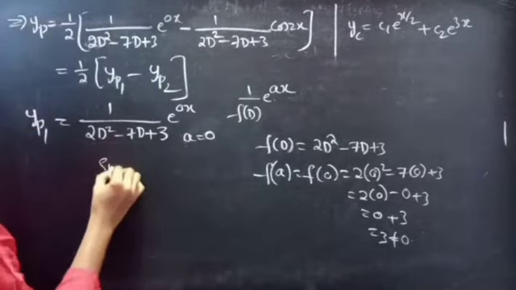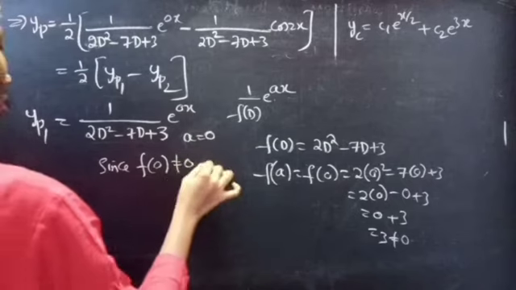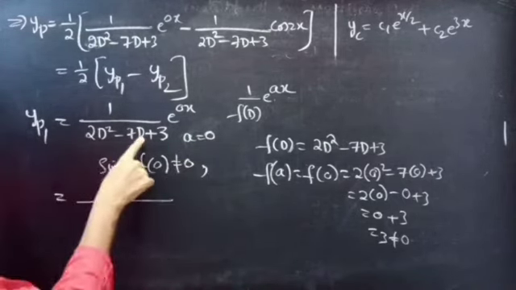Since f of 0 is non-zero, we can replace D by 0.